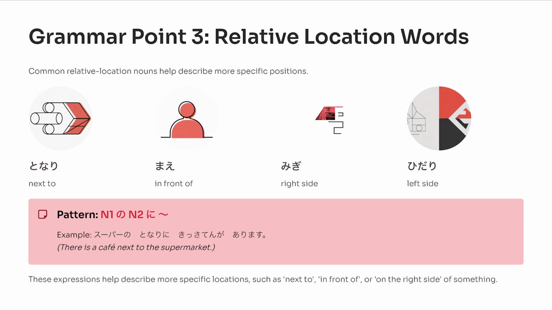This means there is a cafe next to the supermarket. You can easily replace 隣 with 前, 右, or 左 to describe different positions. Learning these expressions will help you give directions, describe buildings, and explain locations much more naturally in everyday Japanese conversations.